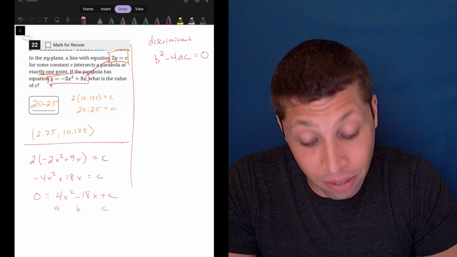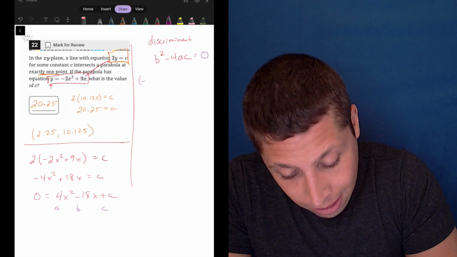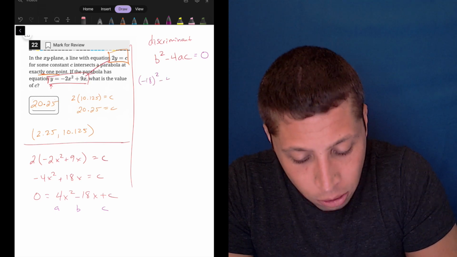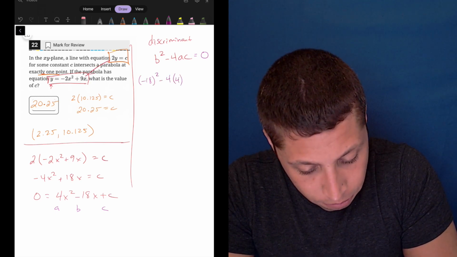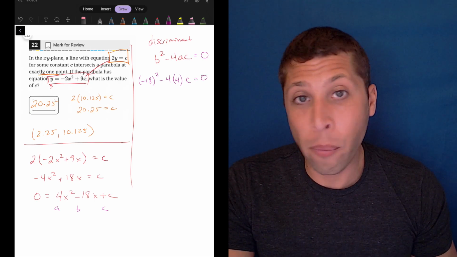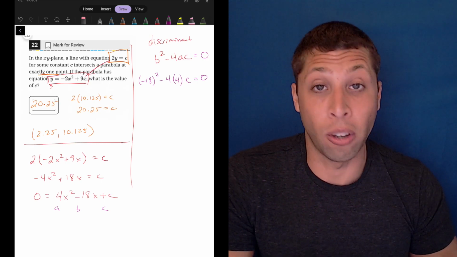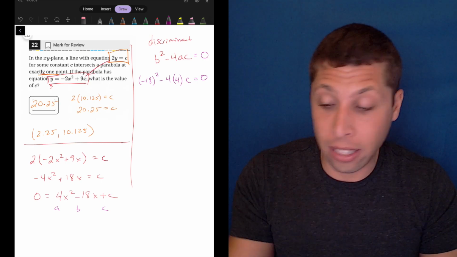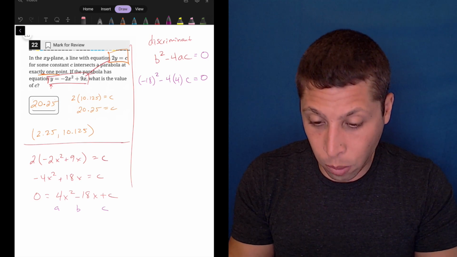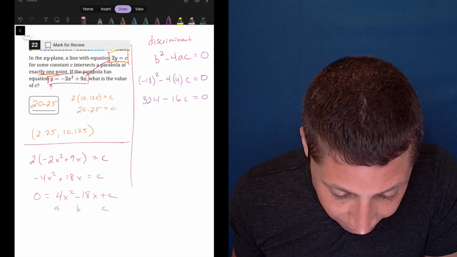So now we have all these values for a, b, and c that we can plug in. So b is negative 18. So negative 18 squared minus 4, a is 4. C is just c, so I'll leave it as a variable. And you can see now that when we plug that in, we have the ability to solve for c because it's just its own little variable. So negative 18 squared is 324 minus 16c is 0.